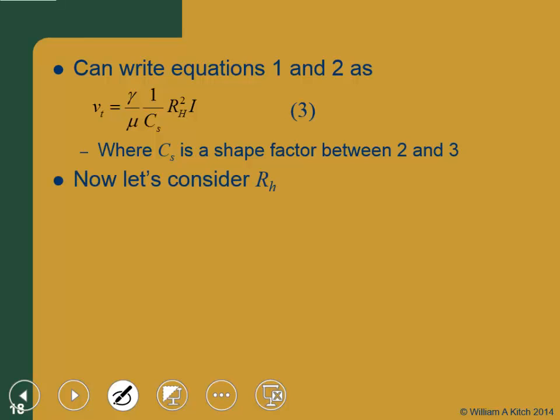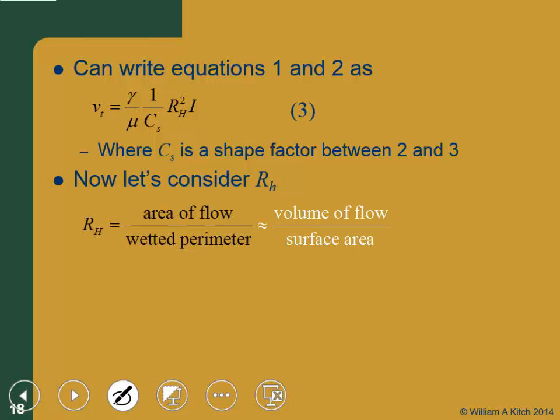All right. So now let's talk about what the hydraulic radius is in these cases. Remember, it's defined as the area of flow divided by the wetted perimeter. So in soils, I could think of that as the area of flow divided by the surface area surrounding all the area of flow, right?